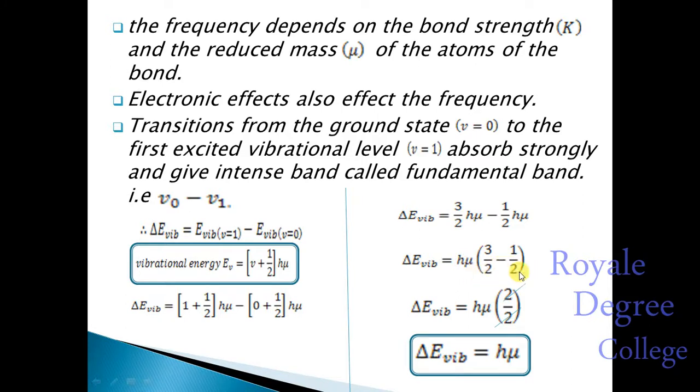The denominators are the same, so we write the 2 as it is. Then 3 minus 1 gives 2, so 2 by 2 gives the value 1. So delta E vibration, that is the change in vibrational energy, is equal to h mu.